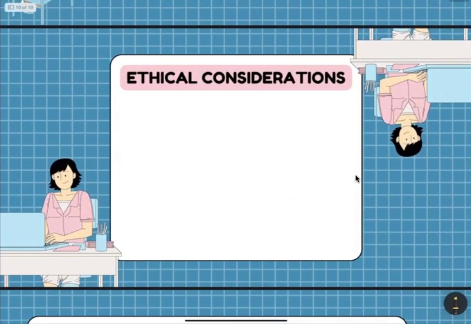Okay. Ethical considerations. You may wonder, sir, do we really need to be ethical when gathering data? Well, obviously the answer is yes. Why? Because ethics is super important in any research involving people, particularly since we are doing social, psychological or educational research.